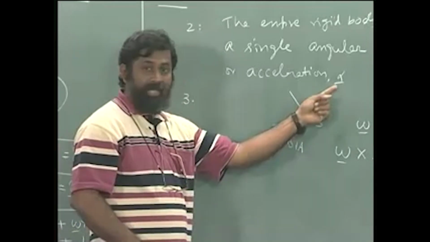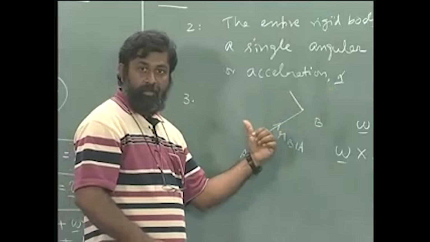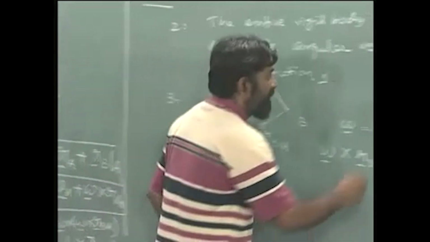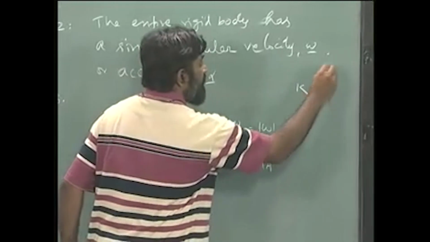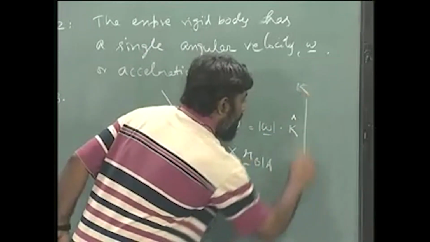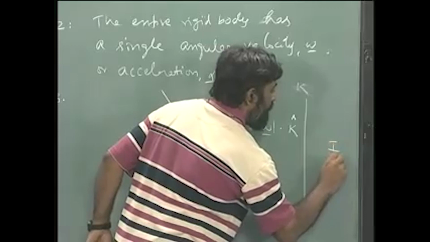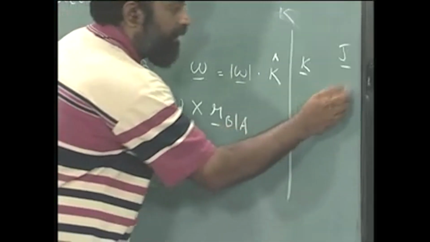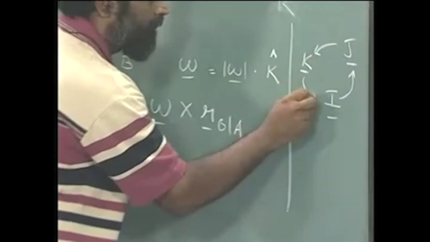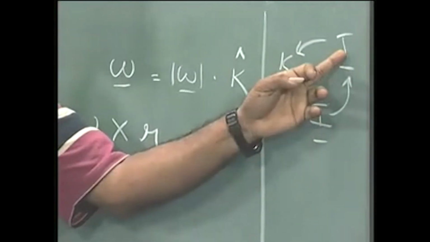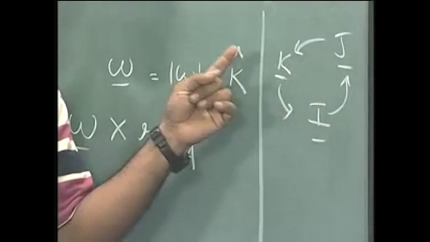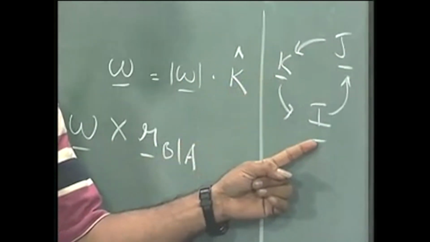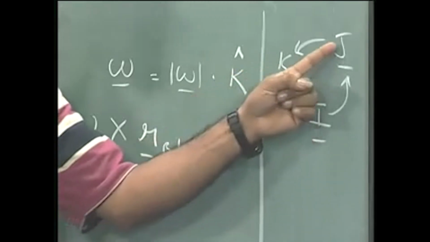Okay. Let us say this is I prime, k cross I is j. I usually write it in a cyclic form I, j, k, and a direction like this. When I cross I with j, I should get positive k, j cross k is positive I, k cross I is positive j.